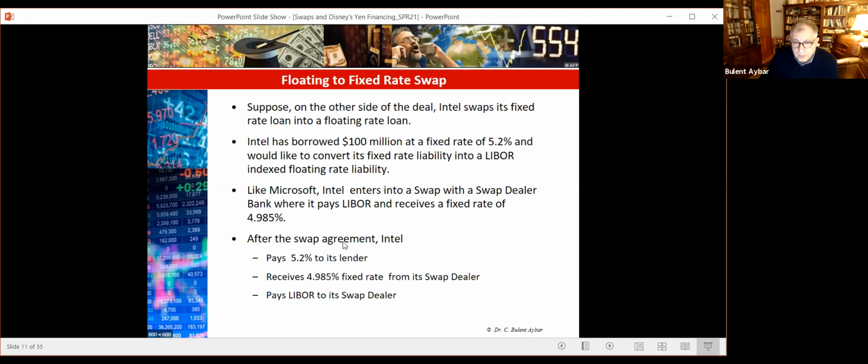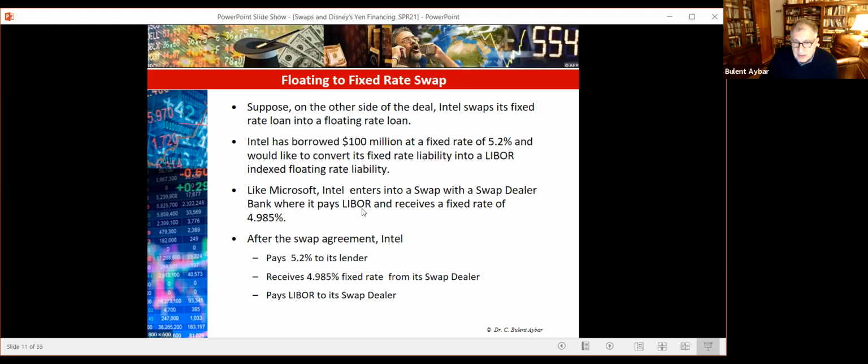floating rate loan. So Intel in this case is going to engage in a swap deal with a swap dealer. It will pay LIBOR interest and receive a 4.985% interest from the swap dealer. Swap markets always work with this principle, that is, a floating rate is exchanged against a fixed rate.